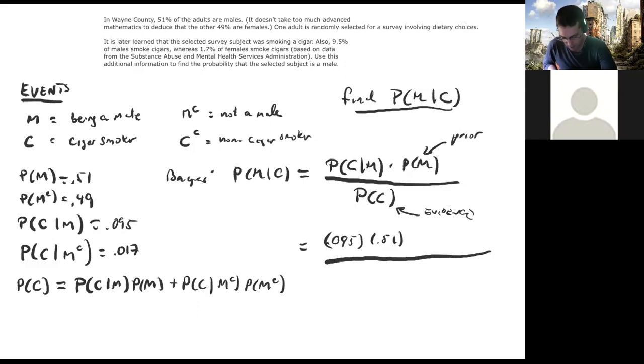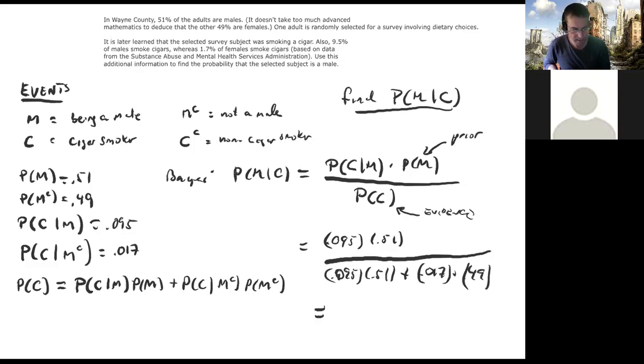So it's 0.095 times 0.51 plus 0.017 times the probability of being female, which is 0.49.